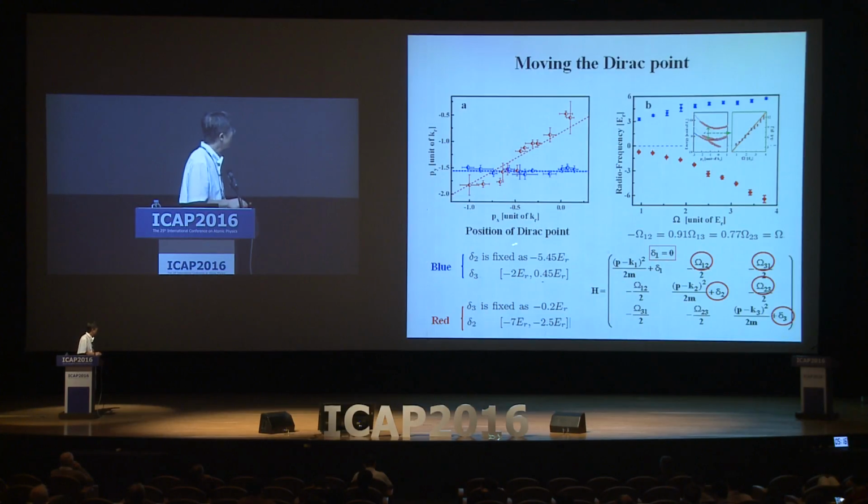For example, when we change the two-photon Raman detuning, we can see the Dirac point move in the momentum space. We also measure the energy of the Dirac point and the energy separation from the higher energy band as a function of Raman coupling strength.